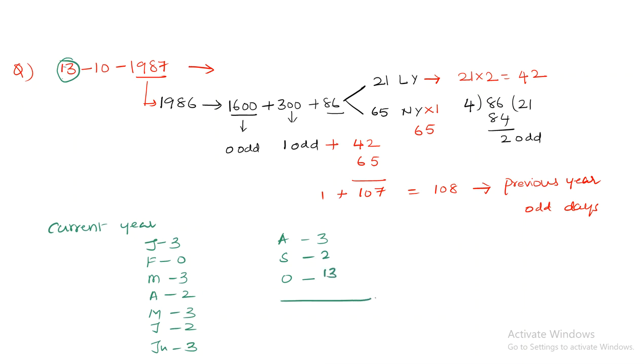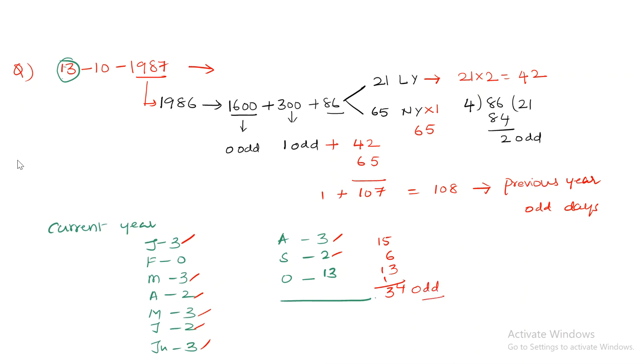Now the total count here: 15 days, 6 days again, plus 13 here. So it is going to be 9, 9 plus 5 means 14. So in total 34 odd days here.